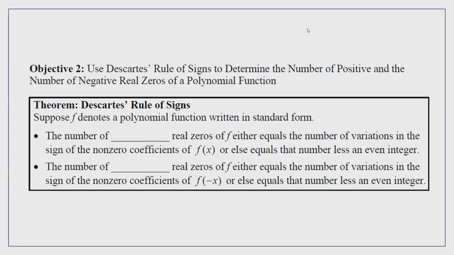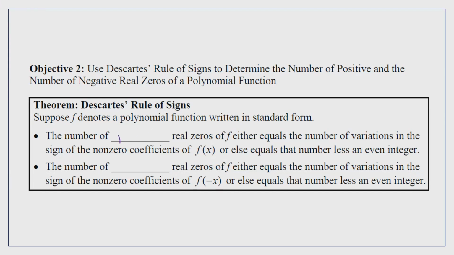Objective 2. Use Descartes' rule of signs to determine the number of positive and the number of negative real zeros of a polynomial function. So Descartes' rule of signs says that suppose f denotes a polynomial function written in standard form.